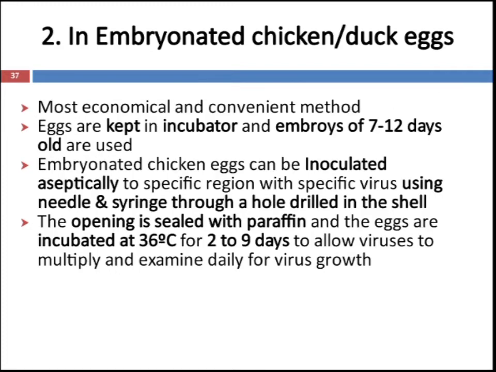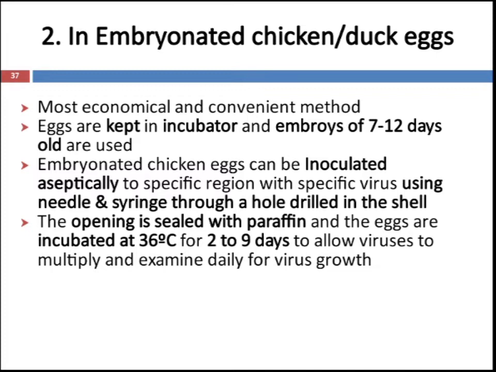Now coming to the second method, cultivation in embryonated chicken or duck egg. This is the most economical and convenient method for the cultivation of animal virus. Usually the eggs which are kept in incubator and embryo formed after 7 to 12 days old are selected for the embryonated chicken egg cultivation.